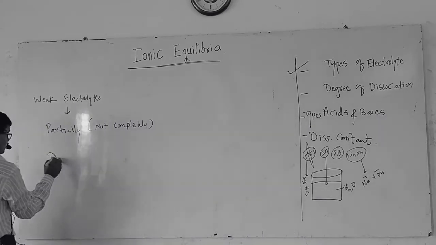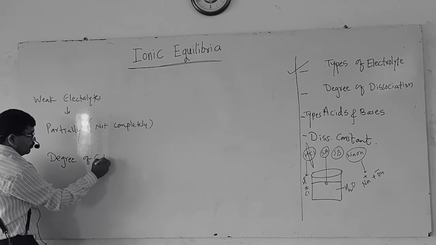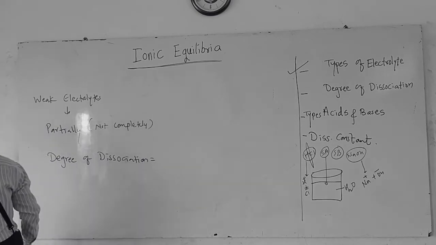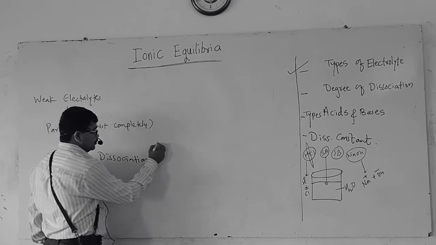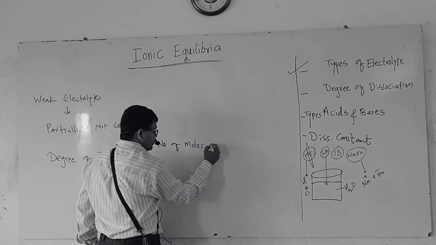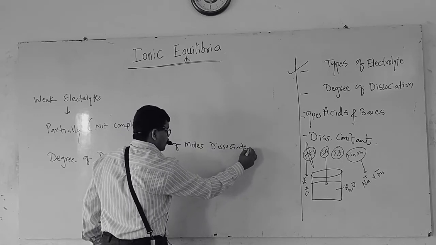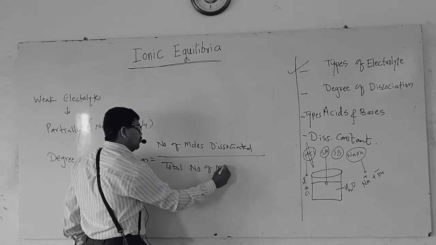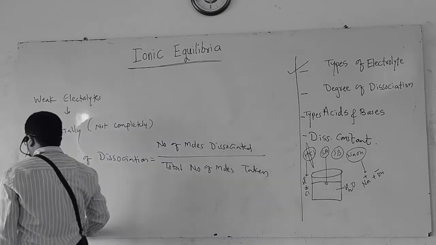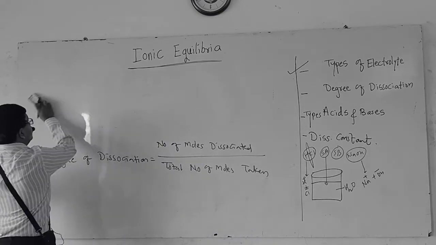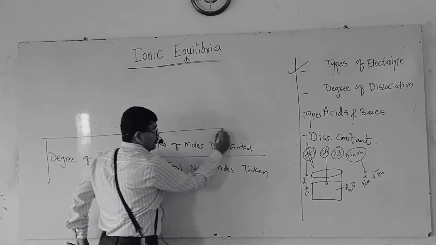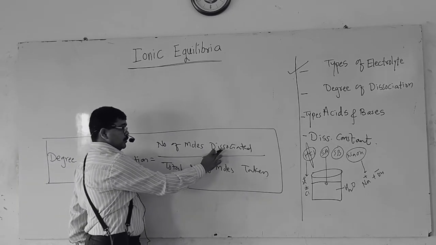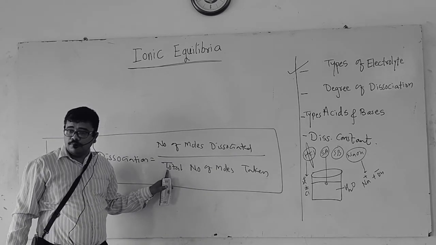The degree of dissociation can be calculated by the formula: number of moles dissociated upon total number of moles taken.